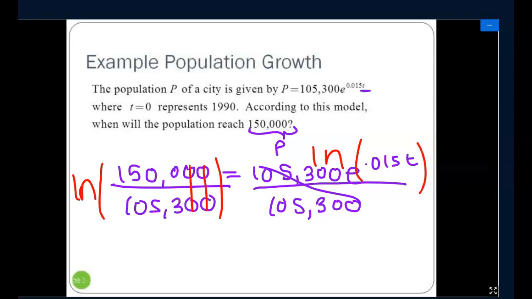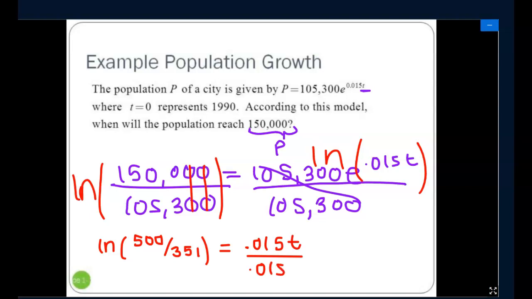So that we get the natural log, and I simplified my fraction to 500 over 351 equals, the e is gone, 0.015 t. Solving for t, you divide both sides by 0.015.